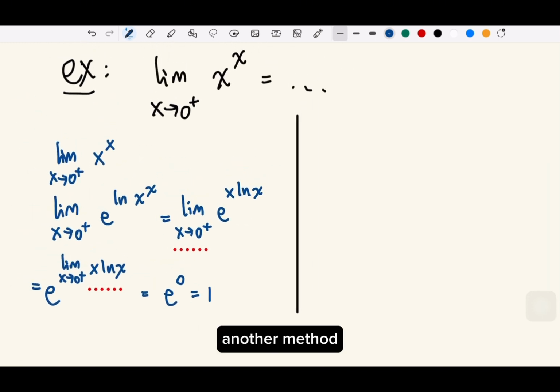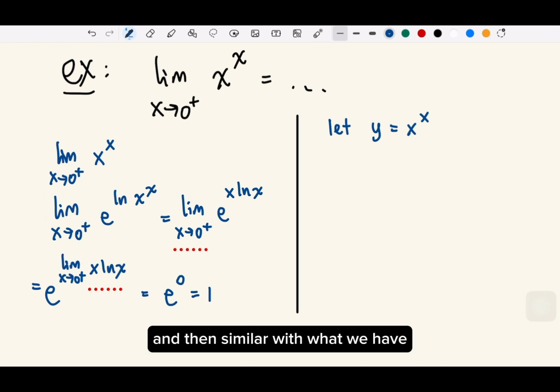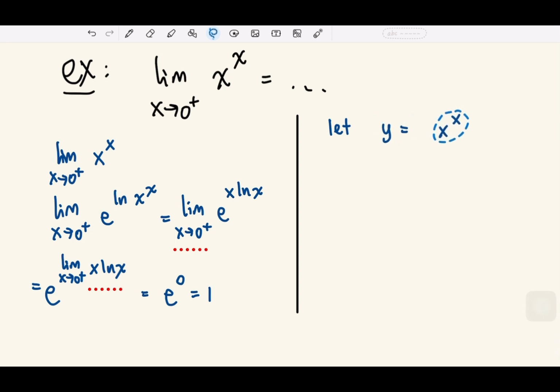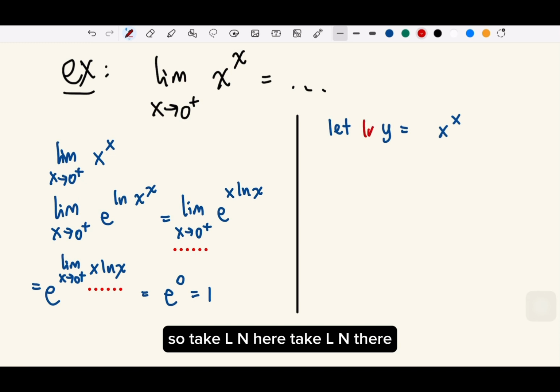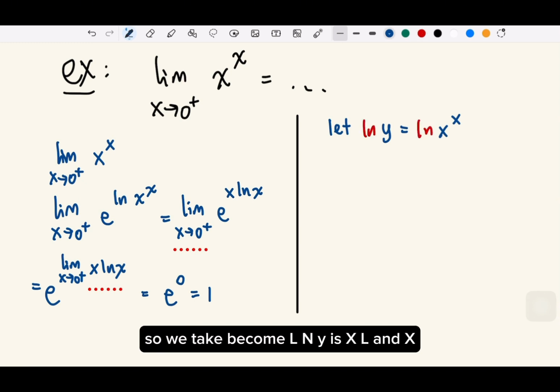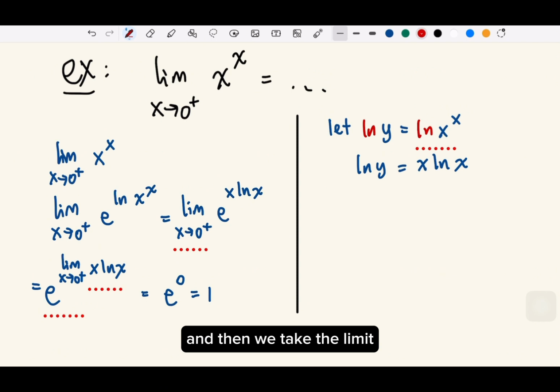Another method is we let y equal x with power of x. Okay. And then similar to what we did in the previous chapter, we take ln of both sides. So take ln here, take ln there. So we get ln y is x ln x. And then we take the limit.